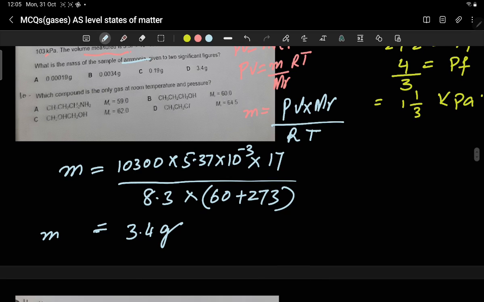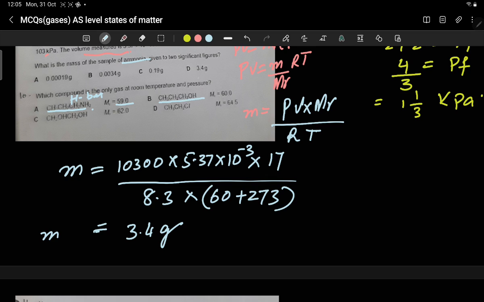So next question is, which compound is only gas at RTP? CH3CH2NH2 is an amine with Mr 59, and strong hydrogen bonding is there, so it exists in the liquid state.